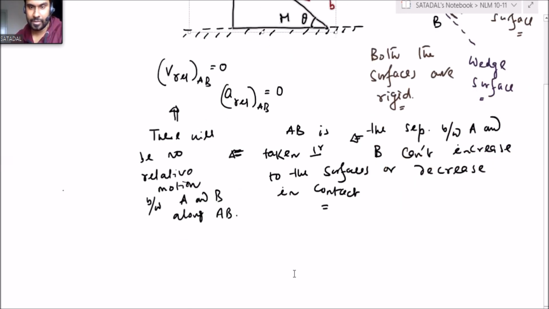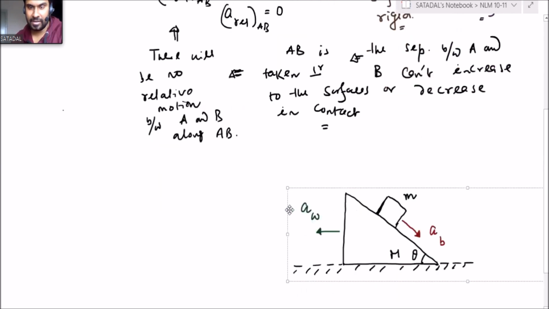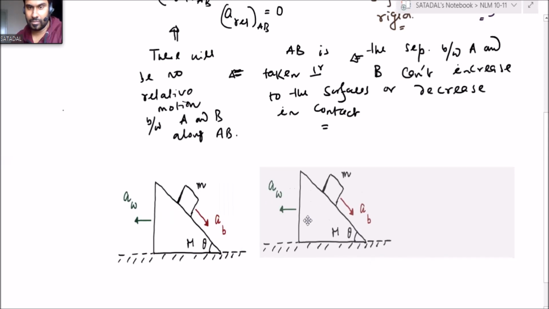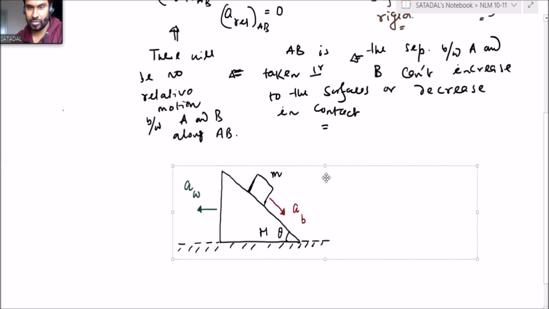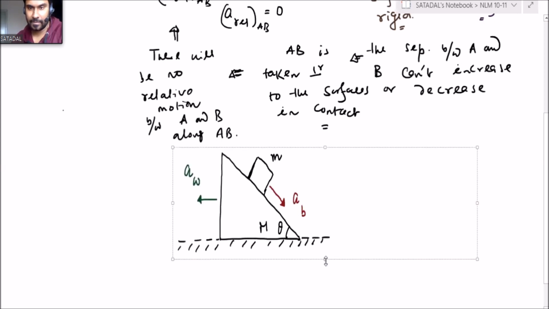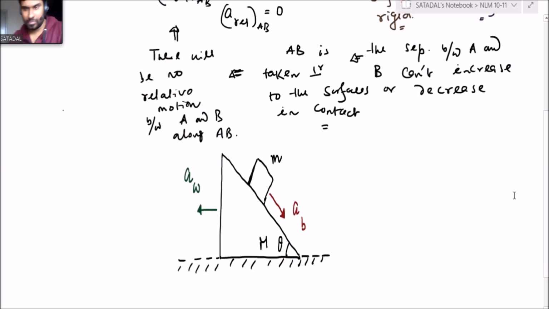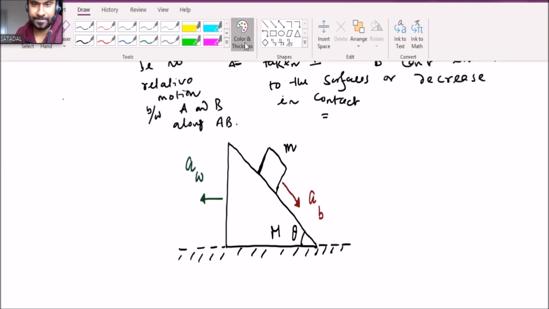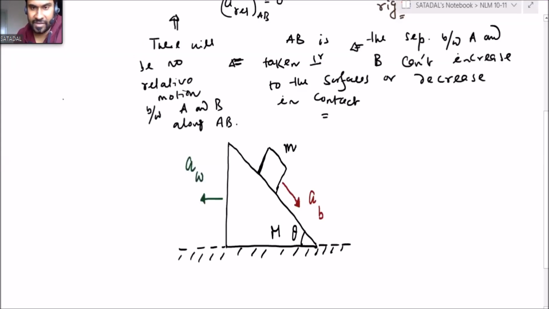Okay. So let us take this diagram once again. Now we will check what I am talking about. Now I'm going to take the components. Everyone, please be careful. If this is AB, in this direction, what is the component I am going to get?